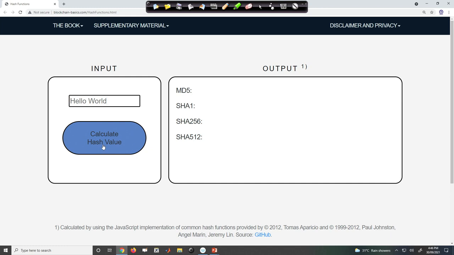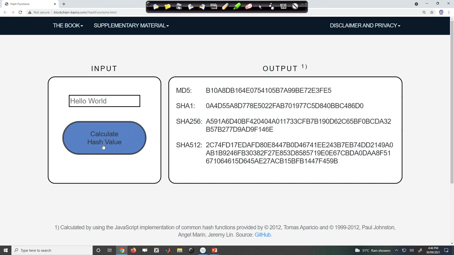We click on calculate hash value and we see in the output the hashes for various types of hash functions. MD5, SHA-1, SHA-256, SHA-512, these are all examples of hash functions, and we notice that the hashes we get are of different lengths.